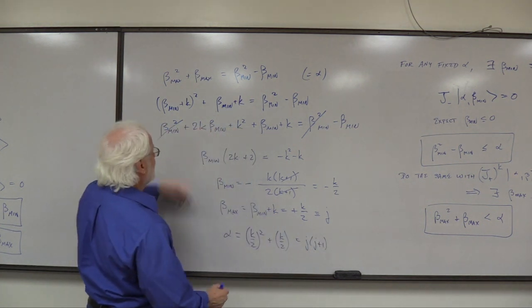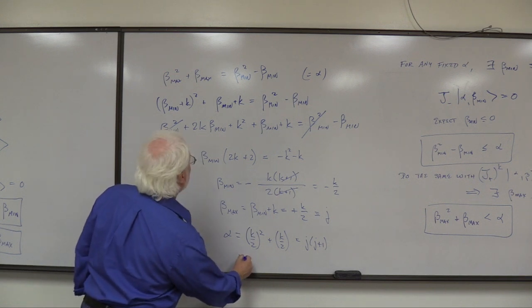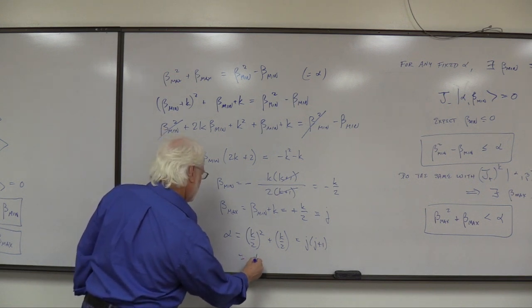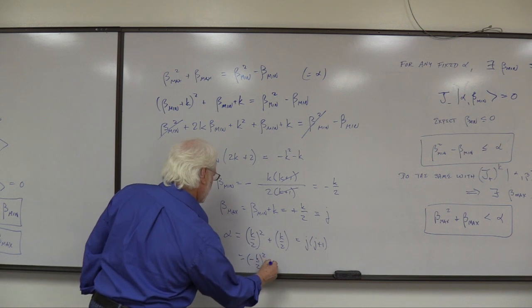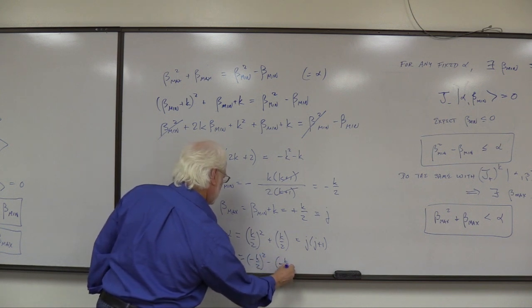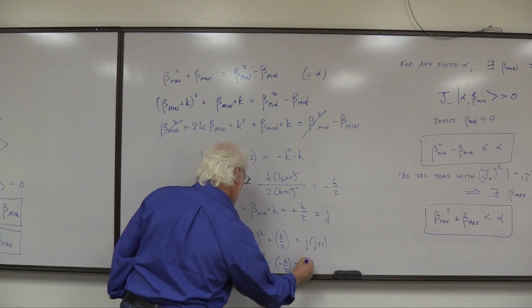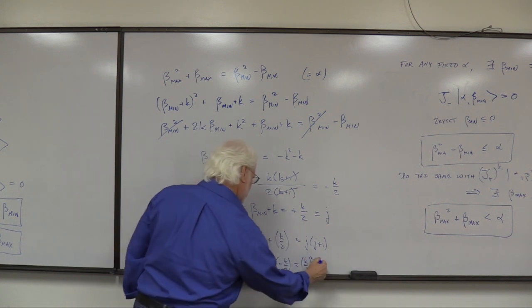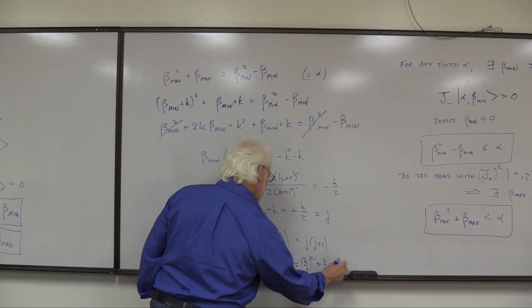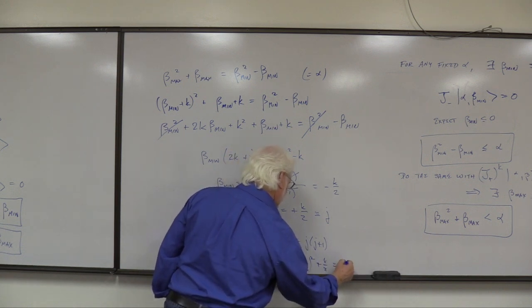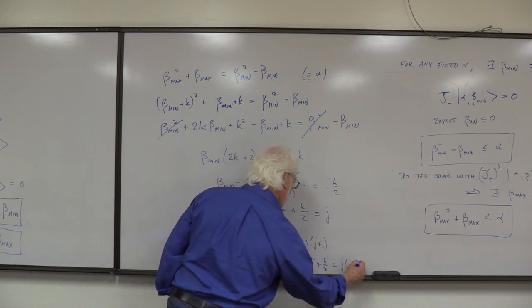We can check the other. It also has to be minus k over 2 squared minus minus k over 2, which gives k over 2 squared plus k over 2. We've called that j, so that's j times j plus 1.